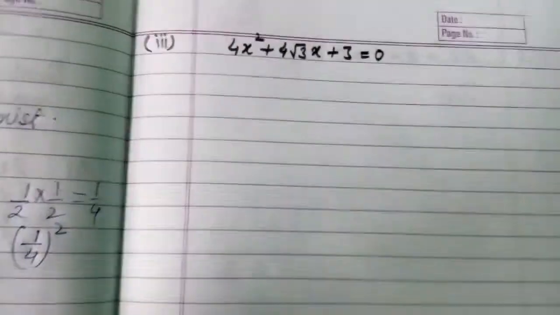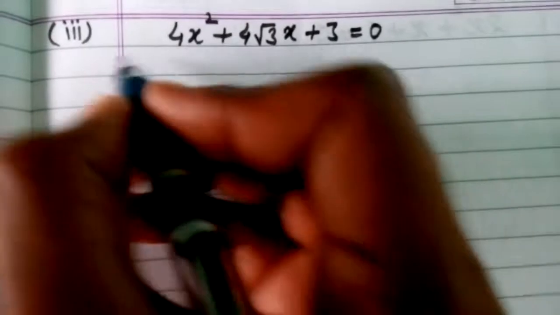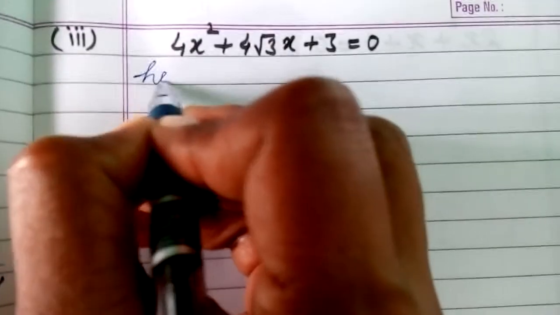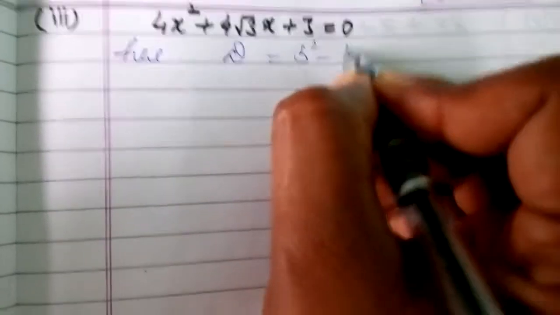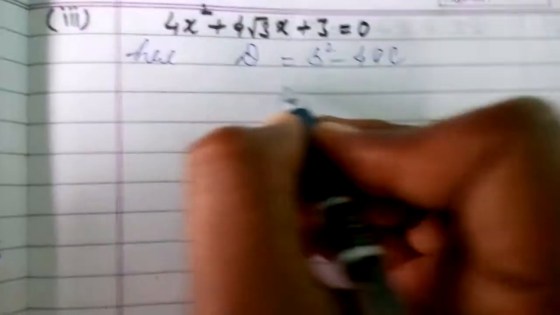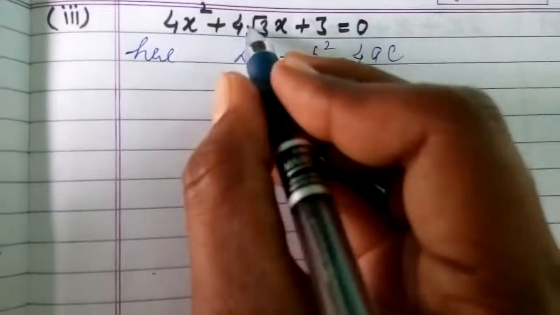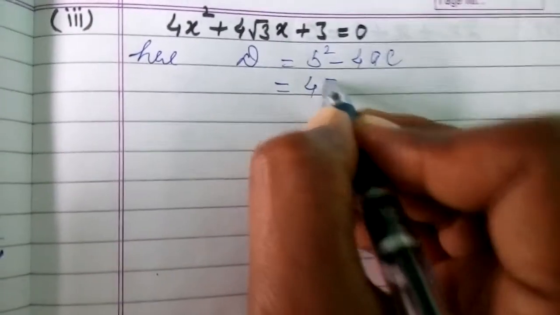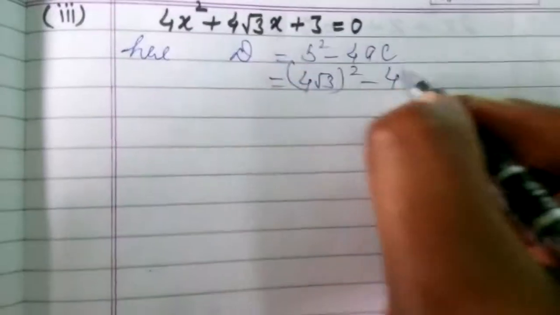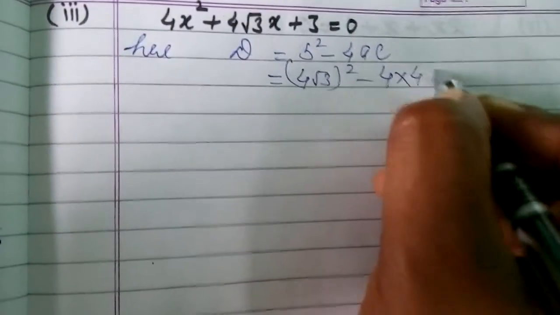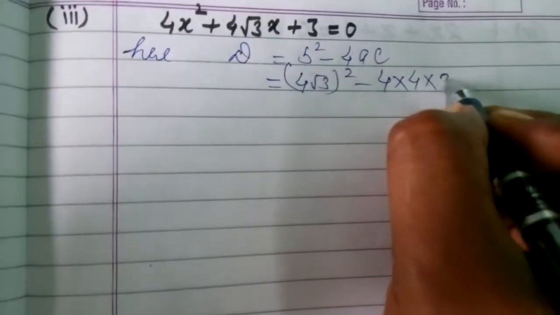Now let us move towards the third part. Again here d, which is equal to b square minus 4ac, where b is 4 root 3, so 4 root 3 whole square minus 4 into a is 4 into c is 3.